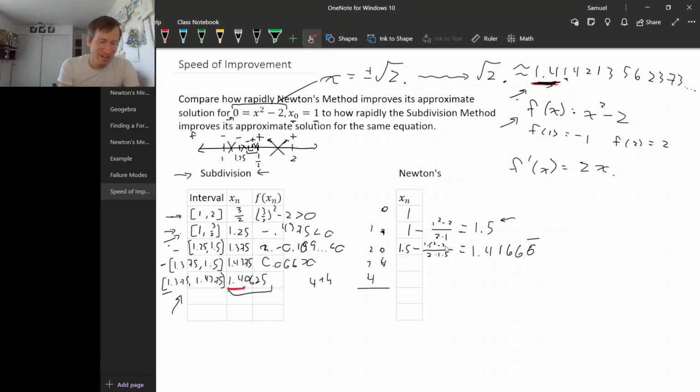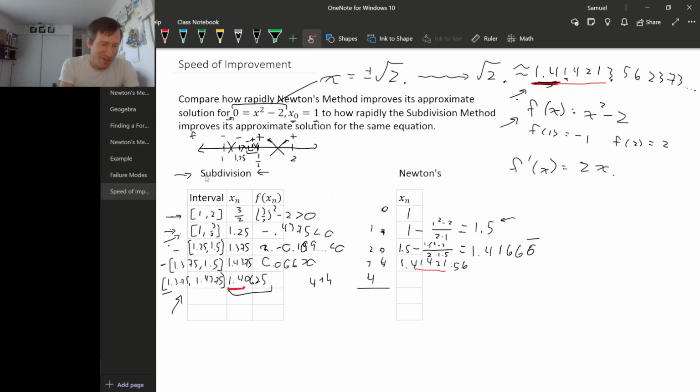Okay, so previous x value minus our previous x value squared minus 2 divided by 2 times our previous x value. I get 1.41421 and change. And you can see actually we already have this correct out to here. So maybe I need to write down more decimal values. 1.414213562... Okay, that one finally is different. 5, 6, and so on.